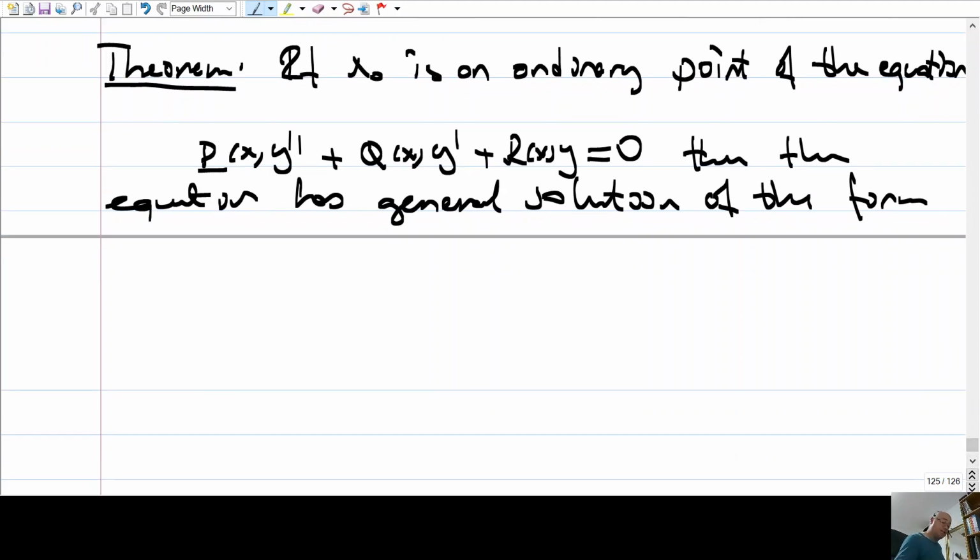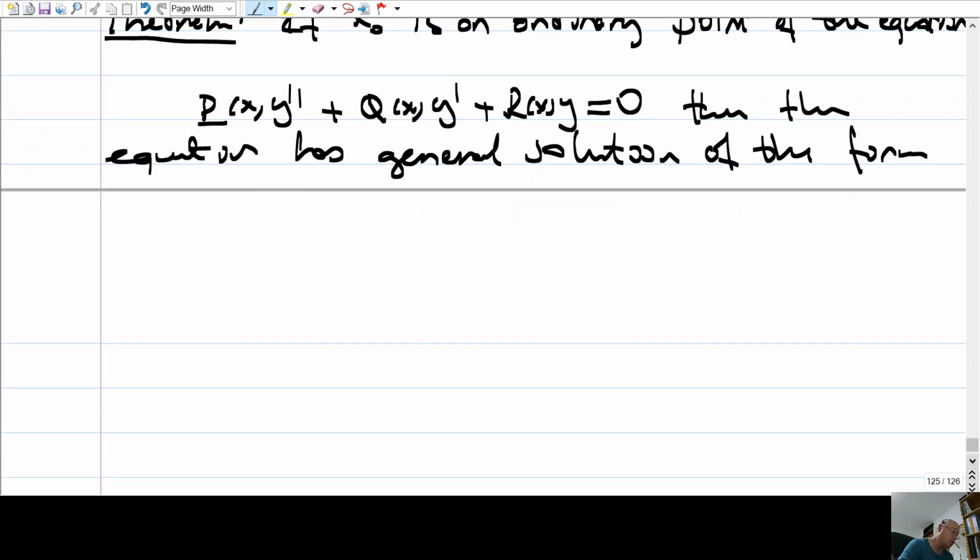We know that it has a general solution because the coefficient functions are continuous and well defined in an open ball about x0. So there is a general solution of the form, but the content of the theorem is the following.